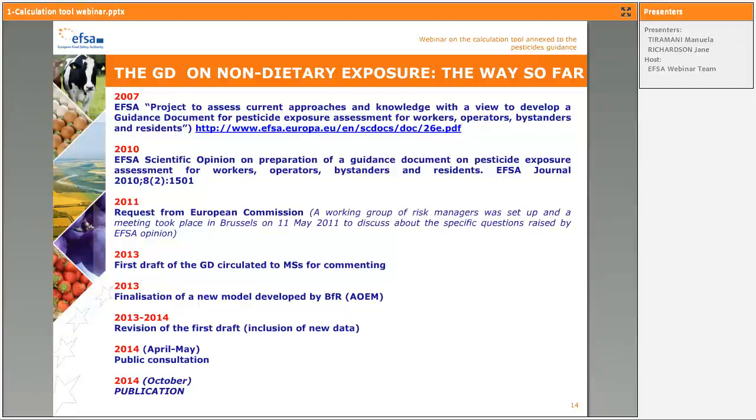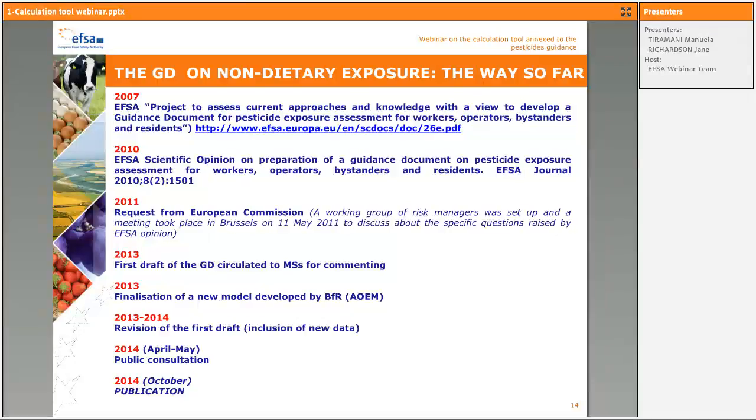Shortly after that, the Commission asked EFSA officially to prepare a guidance document. We had the first draft of the guidance document in 2013, and it was also subject to a consultation in member states for commenting.